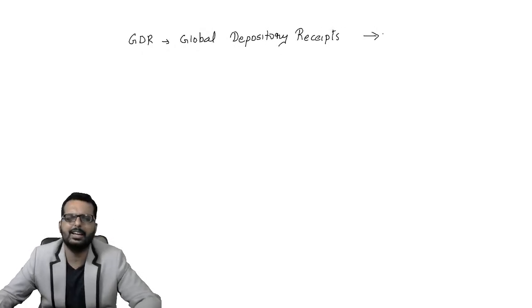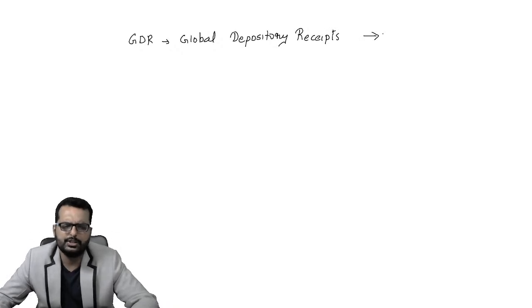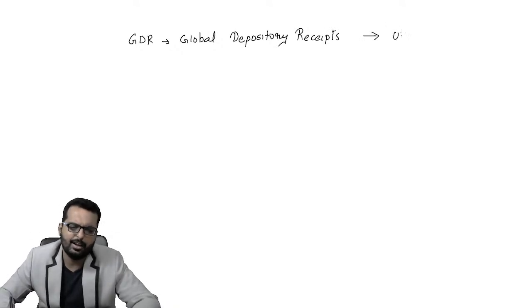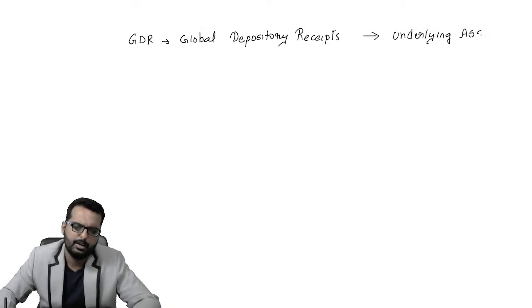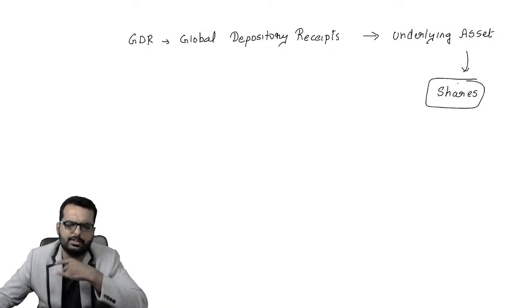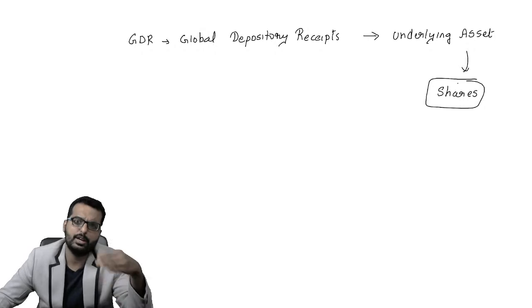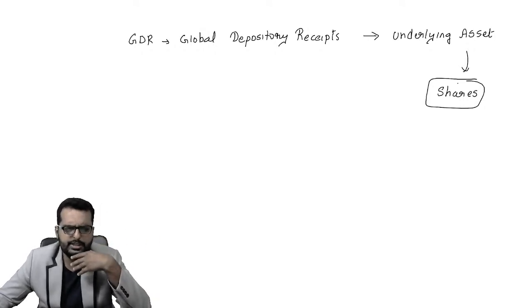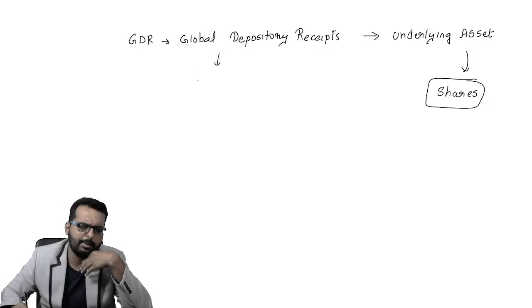They are something like an instrument, like a share, which is raised with an underlying asset. And in this case, the underlying asset is normally shares. You can have 1 share, 2 shares, 3 shares. These shares can be issued at a premium or they can be issued at a discount also. So GDR is basically a fundraising mechanism.